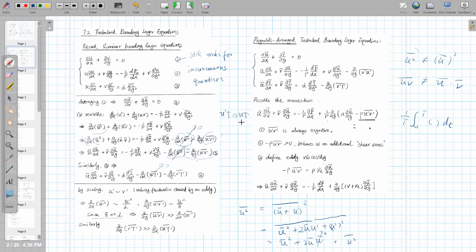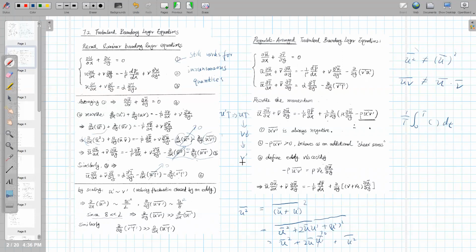If you want the mass to still be conserved, you are likely to reduce the V velocity, because you want to keep the mass flow rate the same. So when U is increasing, you tend to reduce V prime.